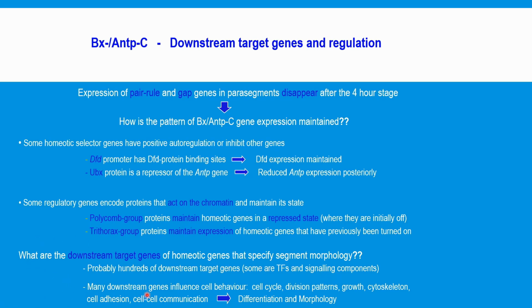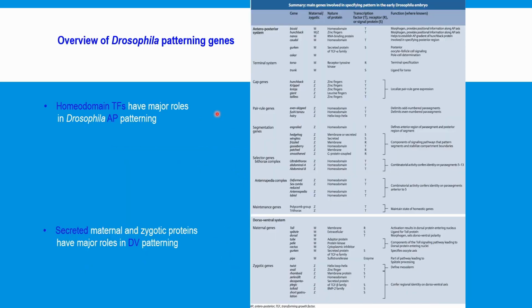And many of the downstream targets then will influence the cell behavior, including cell cycle, growth, cytoskeleton rearrangements, cell adhesion, cell-cell communication. And all of these things will contribute to the final terminal differentiation and the morphology, how those cells look, right? So it's complicated. But you shouldn't be disheartened that we're not going to explore further at this stage.